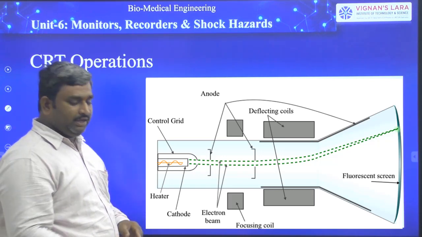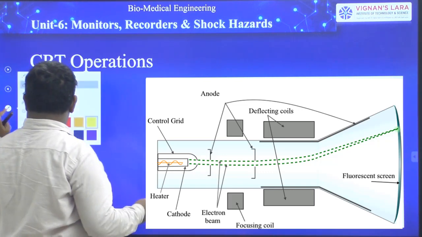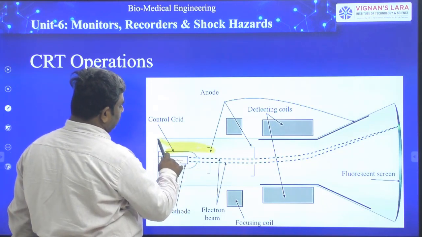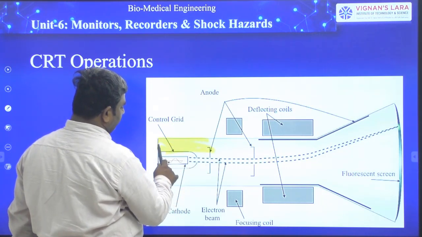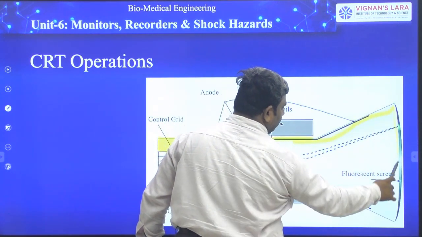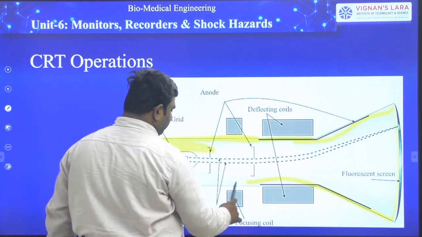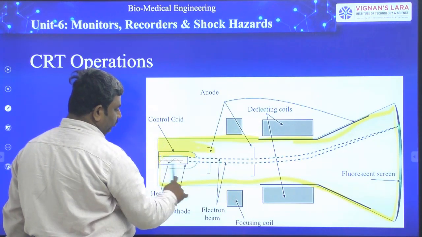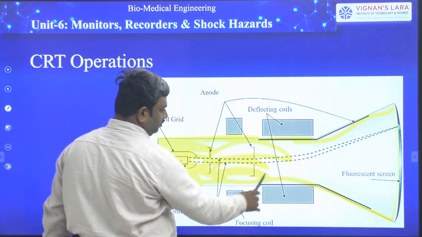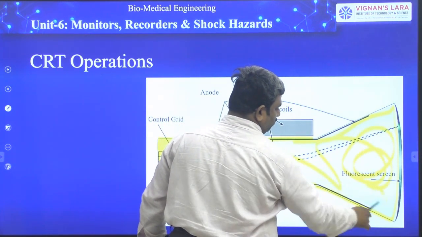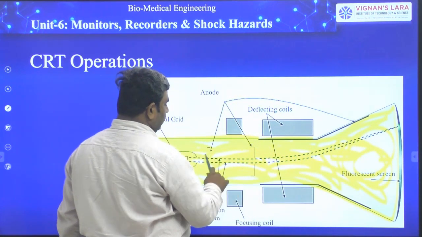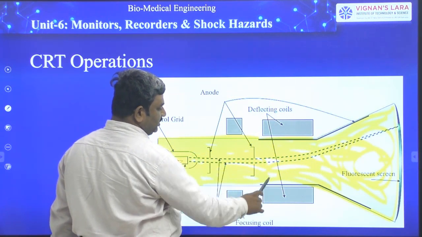See here, I am representing this area. This yellow color coated area is completely the CRT tube.